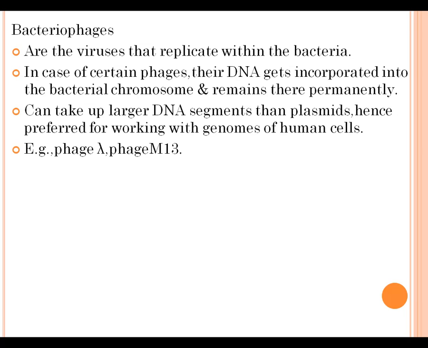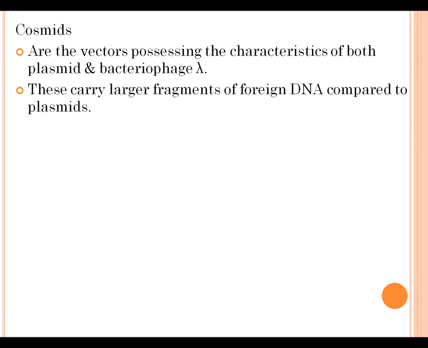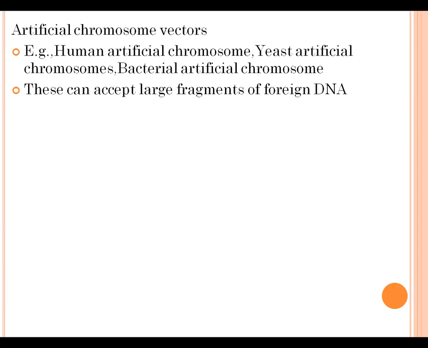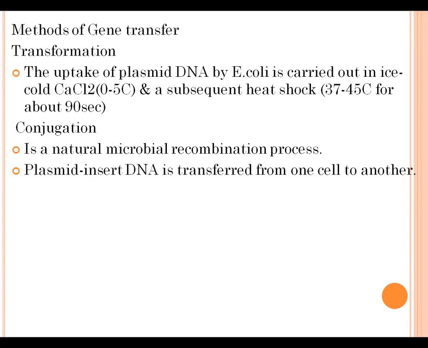Cosmids are vectors possessing characteristics of both plasmids and bacteriophages. They carry larger fragments of foreign DNA compared to plasmids. Artificial chromosomes, like bacterial artificial chromosomes, human artificial chromosomes and yeast artificial chromosomes, can accept large fragments of foreign DNA.